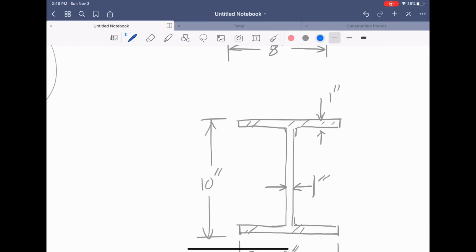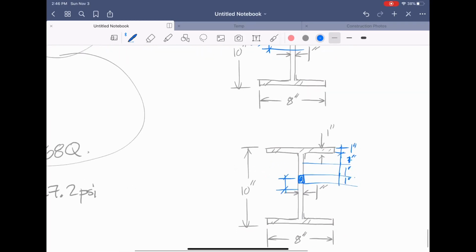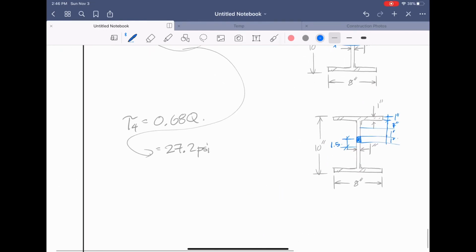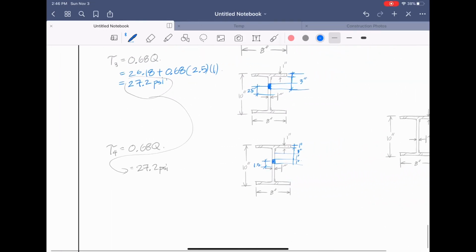Okay, so we did this, it's 1 inch, 2 inch, another 1 inch actually, right? This gets us at 3 inches, and this gets us at 4 inches, right? So we're looking at this block, and that distance to the center is going to be 1.5.